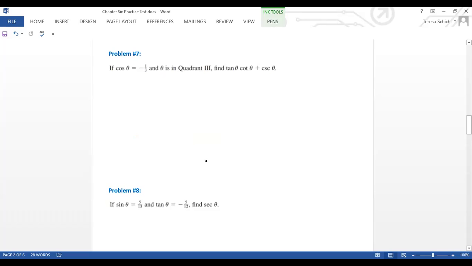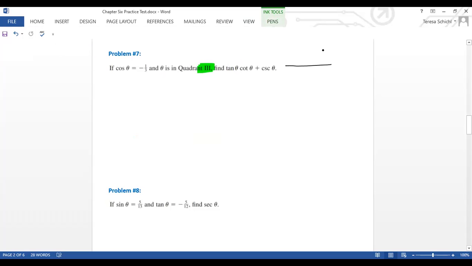They say if cosine theta is equal to -1/3 and the angle is in quadrant 3, find the tangent theta times cotangent theta plus cosecant theta. Let's take a look at the cosine theta.